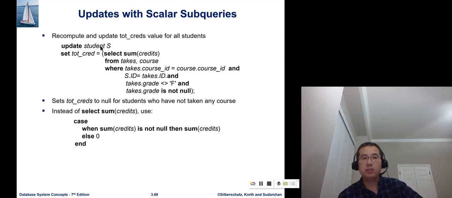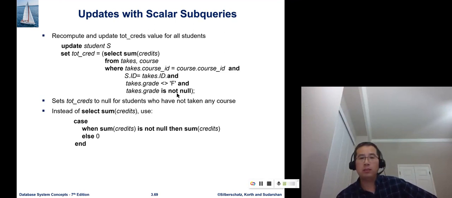Here we are looking at the student, so student ID equals the student ID. And then for the grades, we also have requirements. Grade cannot be fail, and also cannot be null. Null means we have not taken that course, or don't know, or maybe the credit hasn't been assigned.